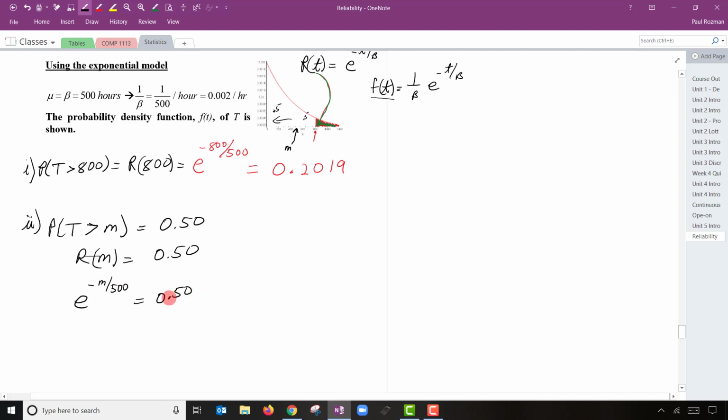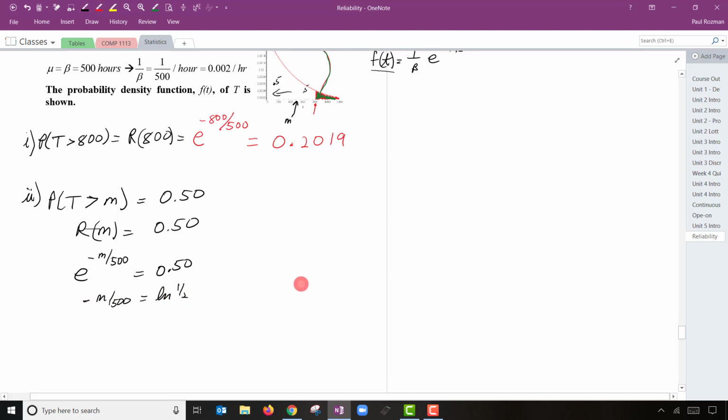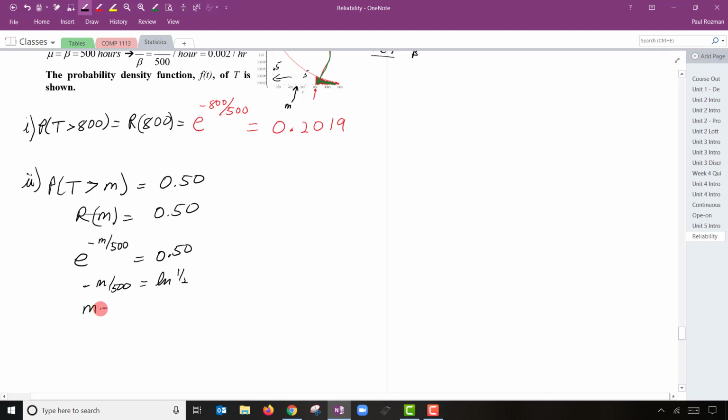Now we just solve that equation, taking the natural log of both sides. Negative m over 500 equals the natural log of a half. So m is negative 500 times the natural log of a half, and I get 346.6 hours.